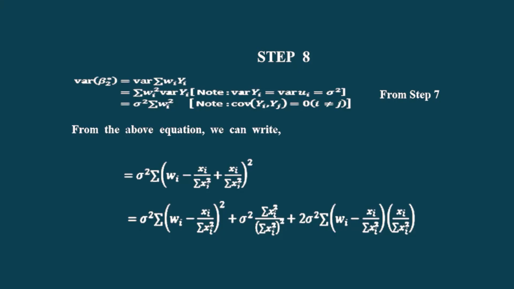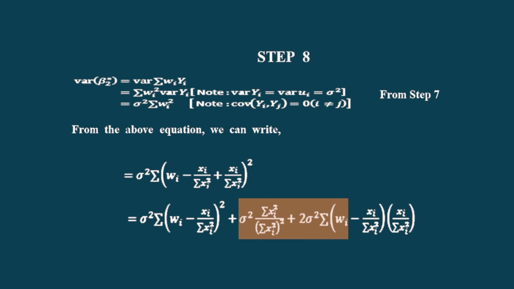So after this, sigma square comes outside, and within the summation sign we have a bracket started where we get wi minus xi by summation of xi square, which is already taken up as the first component. And then we are decomposing into two components where we see plus sigma square summation of xi square by summation of xi square whole square, because in the denominator it is already summation of xi square.